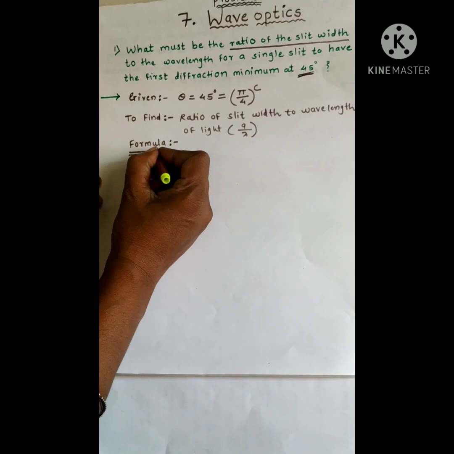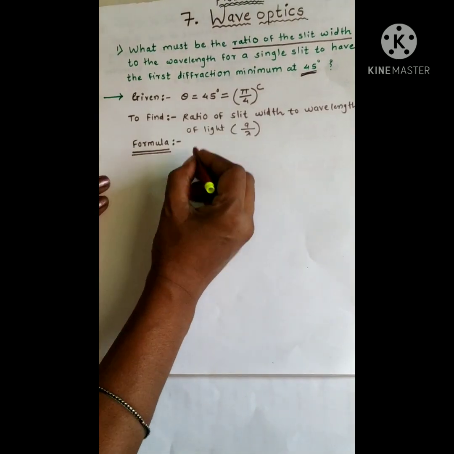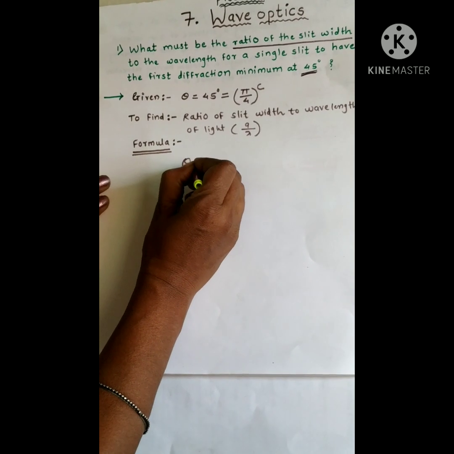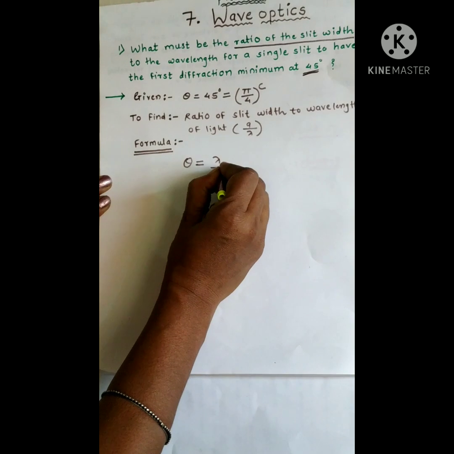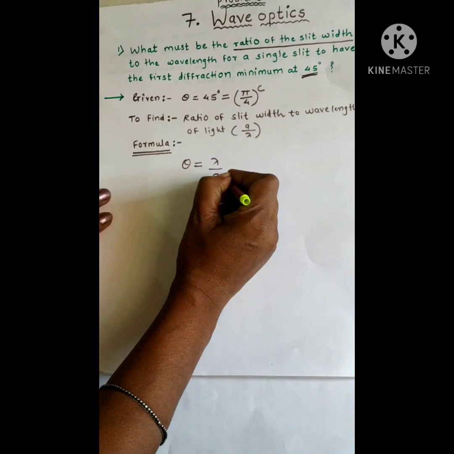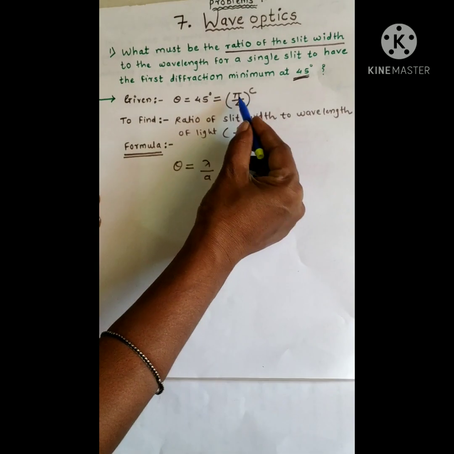Now the formula for this problem: we know theta is equal to lambda upon A. What is the value of theta given? That is pi by 4 radian.